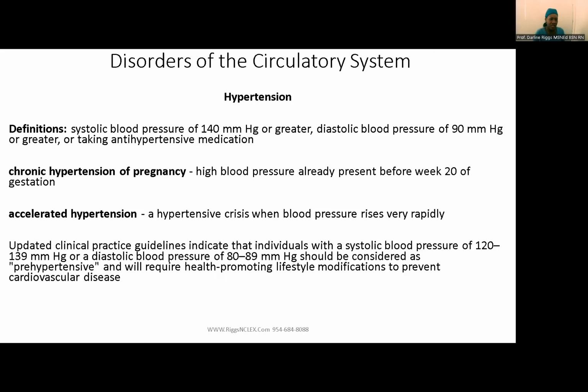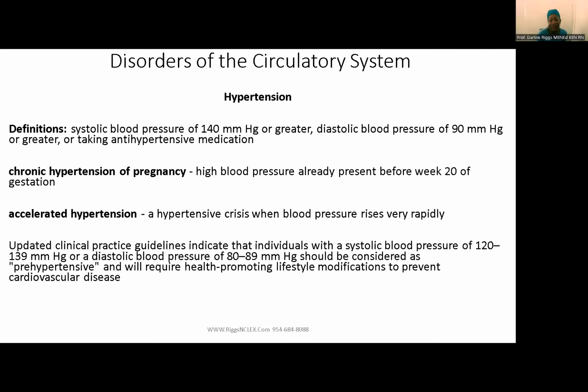Hypertension is considered a disorder of the circulatory system because it is, okay? Once we have a systolic blood pressure of 140 or higher and a diastolic of 90 or higher, the client does need to be on some type of antihypertensive. Now, we've talked about us being least to most. That's how we are in nursing.